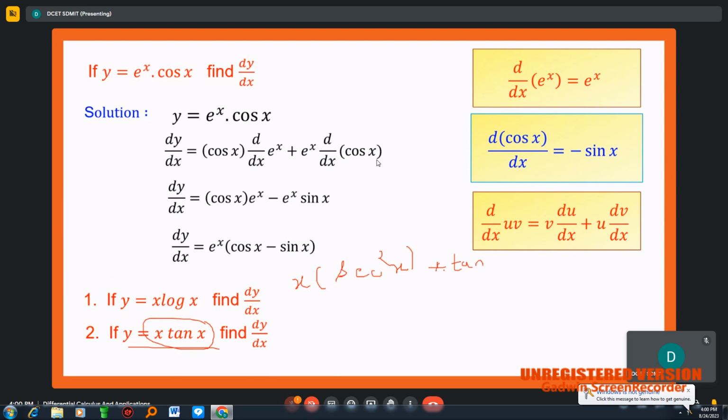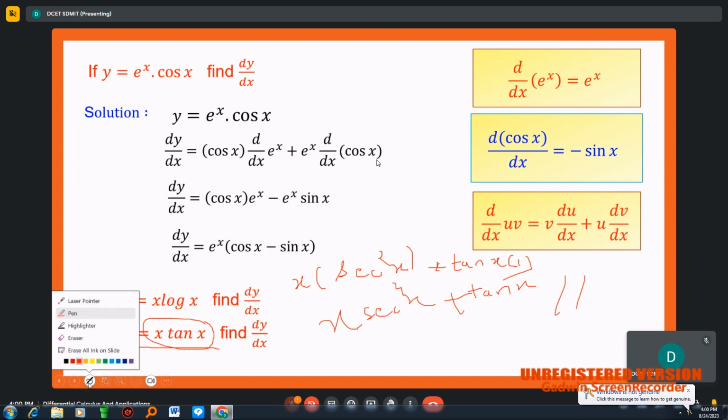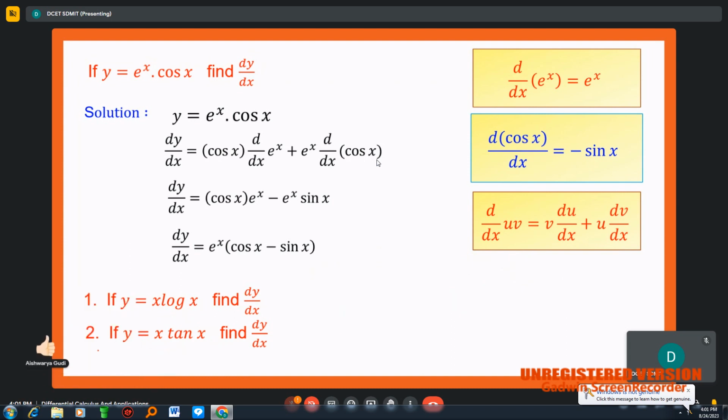What is the differentiation of x here? Differentiation of x is 1. Therefore, what are we getting here? x into secant square x plus 1 into tan x is tan x. This is the required answer for x into tan x. Okay, clear? I think all of you followed the product rule, right?